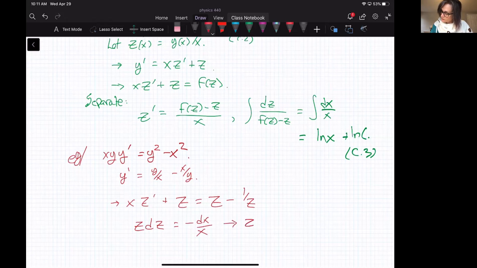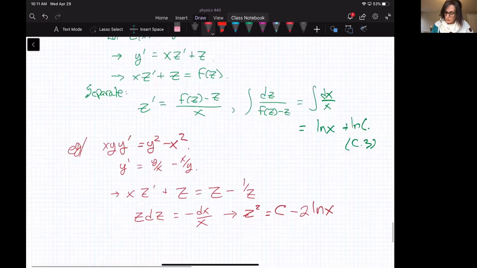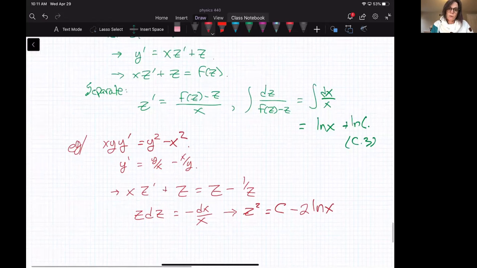So that gives us z squared is equal to some constant minus 2 times the natural log of x. Right? And then we solve for y, which is just y is equal to x times the square root of c minus 2 log of x.